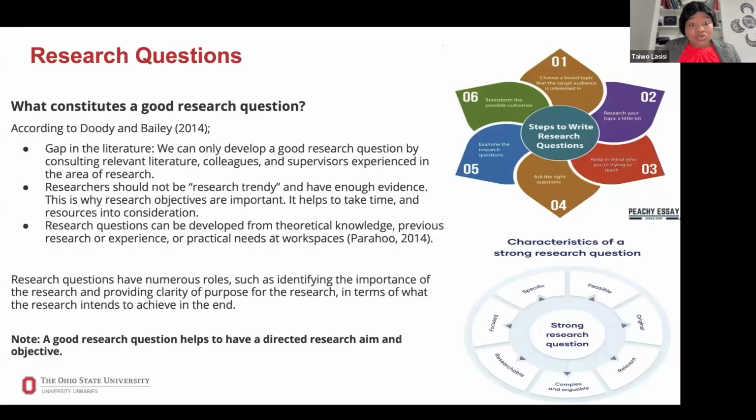When we think about research questions generally, not even talking about qualitative now, one thing I like to tell people is, don't try to be research trendy. Don't try to do what everyone else is doing because you feel that's what everyone is talking about. It's great if it's an important topic and you want to explore it, but let it come from your passion.